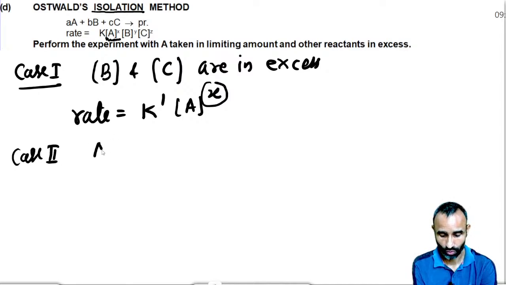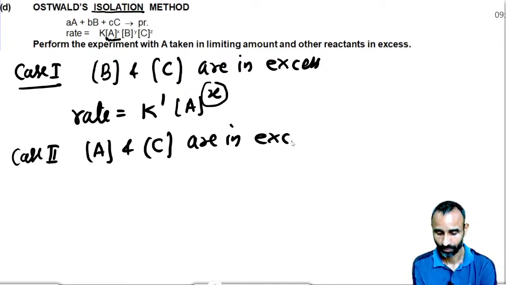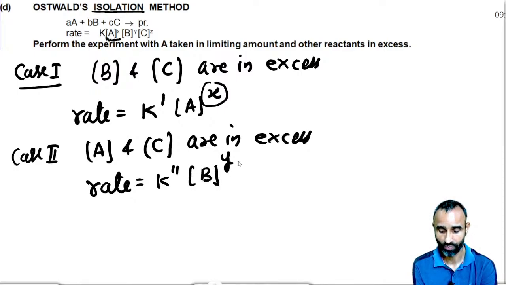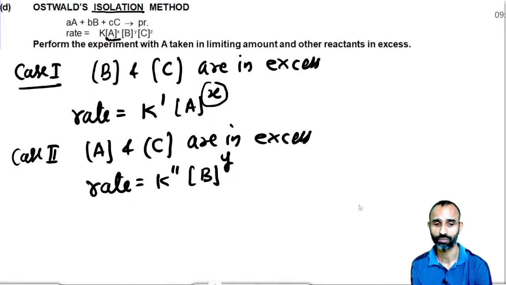Case 2, we take A and C in excess. A and C are in excess, so rate is A double dash into B raised to power y. We calculate y from this expression.